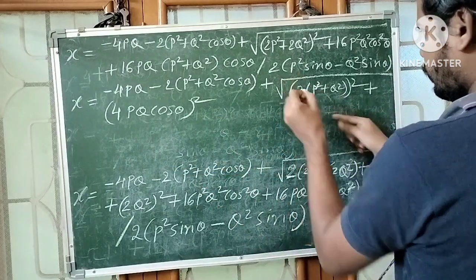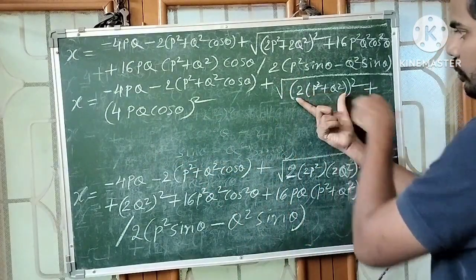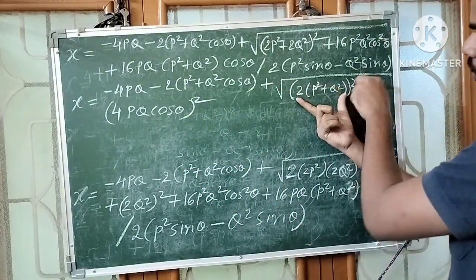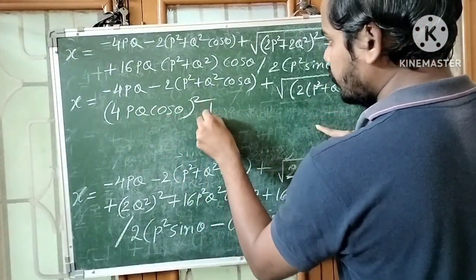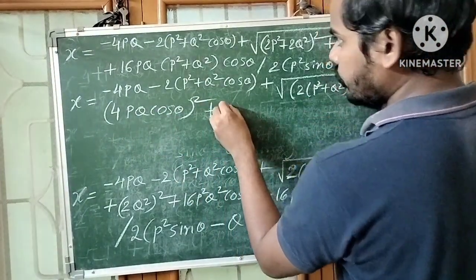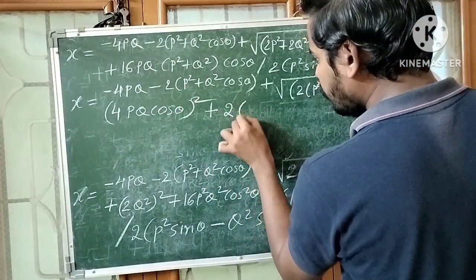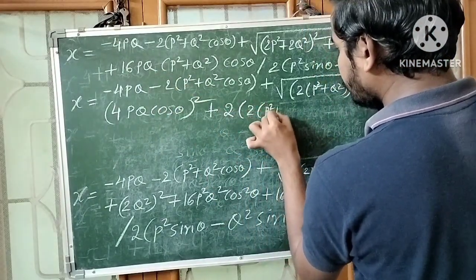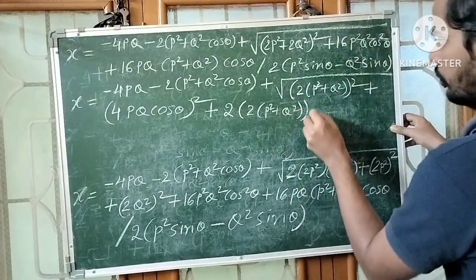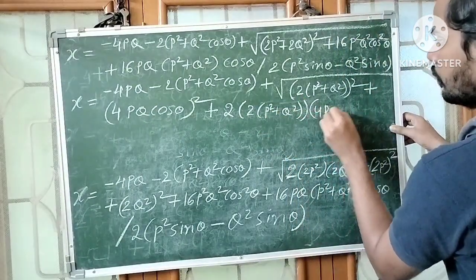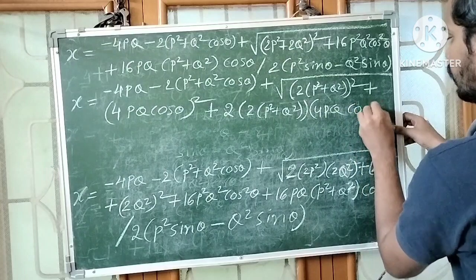Now it looks like a square. Suppose a is equal to 2 into p square plus q square. A square, b square, then it's still 2ab. So this term can be written as 2 into a value, 2 into p square plus q square, b value 4 pq cos theta.